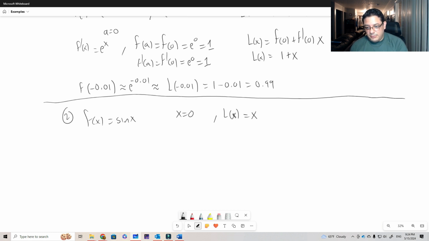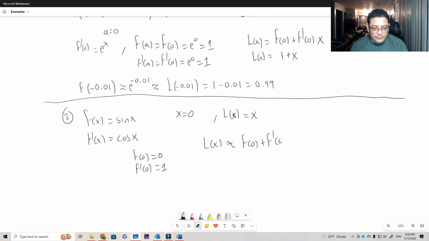This is because f prime of x is cosine of x, and so f of 0 is 0, and f prime of 0 is just 1. So we create a linear approximation that is f of 0 plus f prime of 0 times x minus 0.